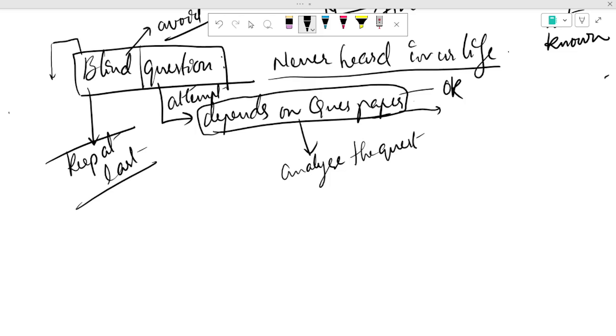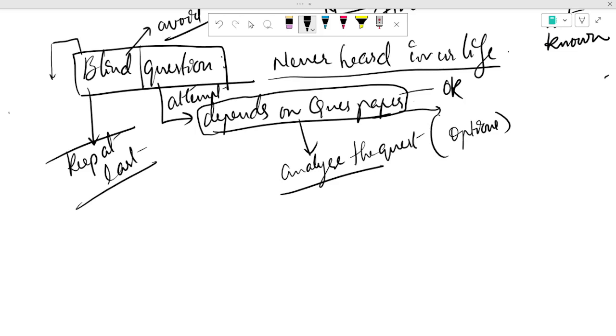Analyze does not mean breaking down the question into different parts. Analyze the question means you go through the options and try to make a scenario out of them. That means, is there any relation between these options?